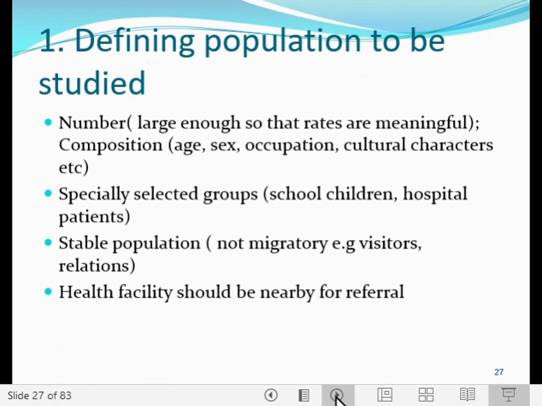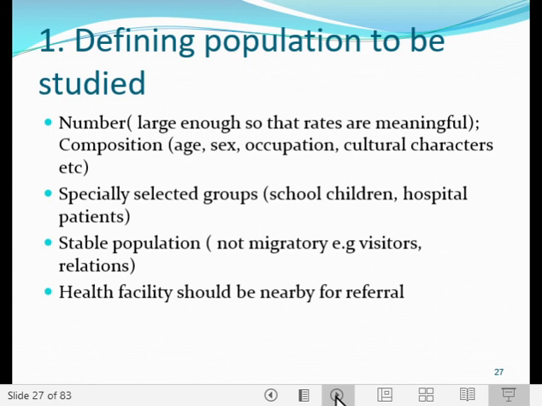It also needs to be defined in the way of age, sex, occupation, cultural characters. It depends on which disease you are studying. If it is dependent on the cultural characters, then you have to keep that constant. Suppose it is root caries, then accordingly you will select the age of the population to be above 50, say 50 to 60 and 60 to 70, and greater than 70, you can include those age groups.